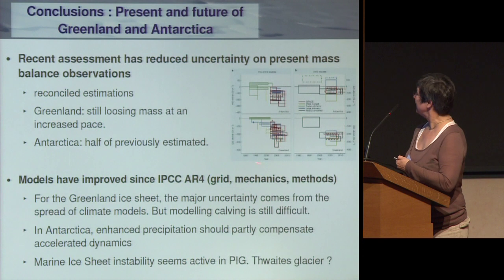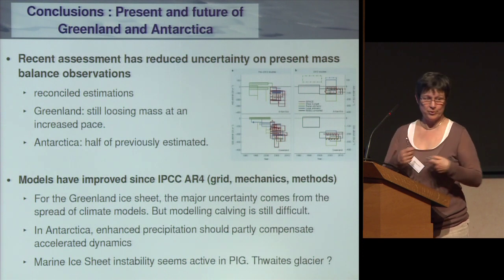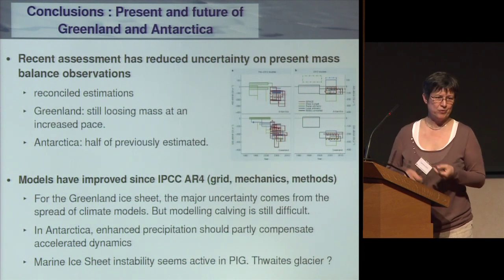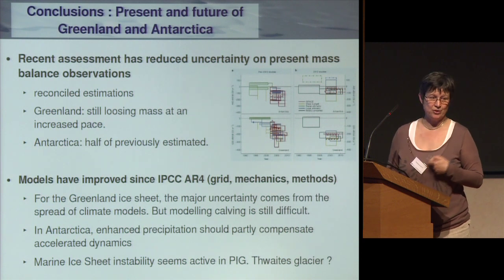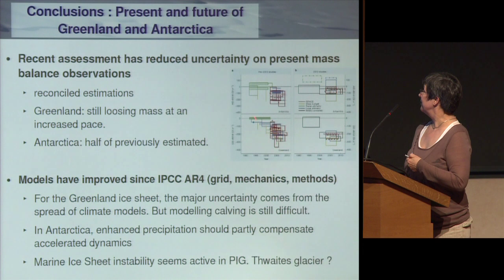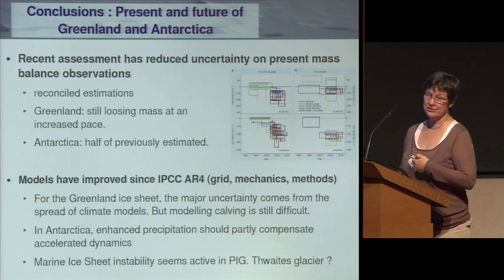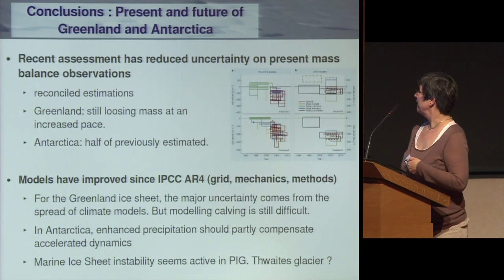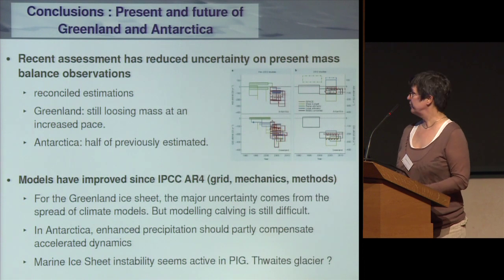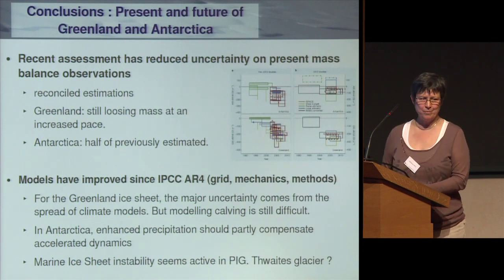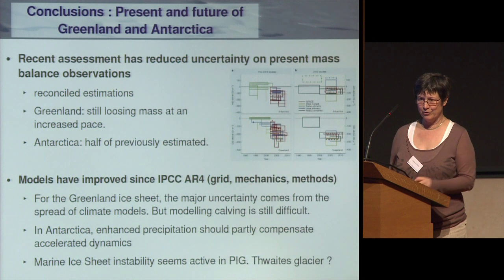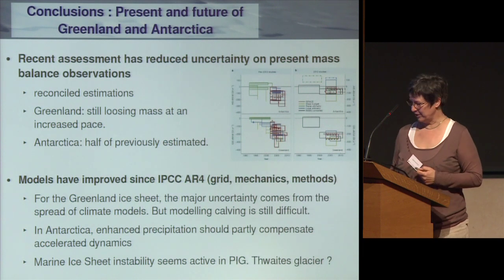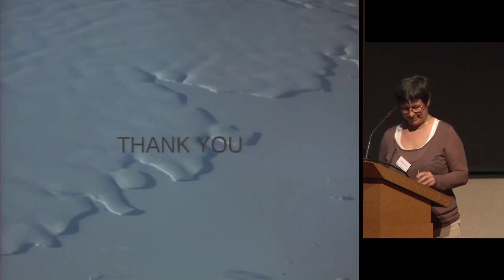That is not at all in the present studies, because people from this type of study corrected the uncertainty much better. But for Greenland, there is still an accelerating mass loss. And models have improved, but I think the marine instability is still the major unknown. It's not the unknown, but almost, especially concerning Thwaites.